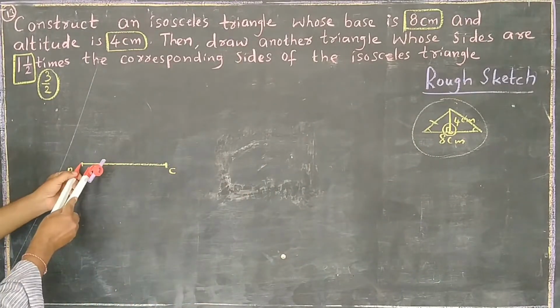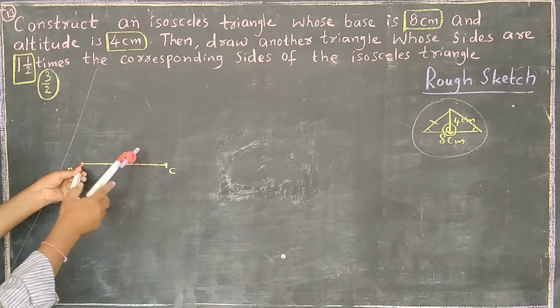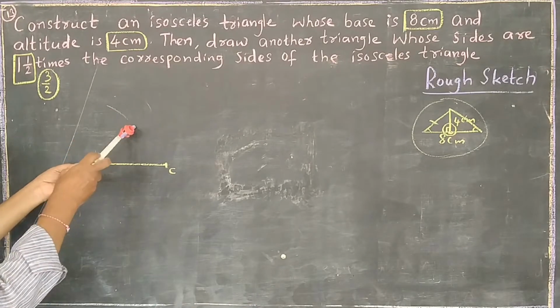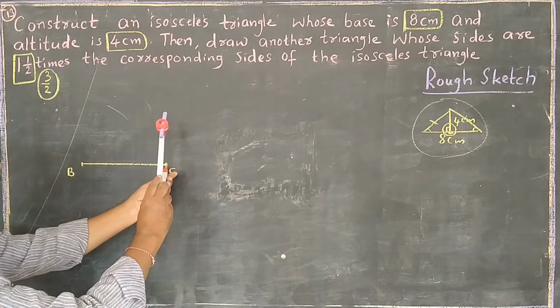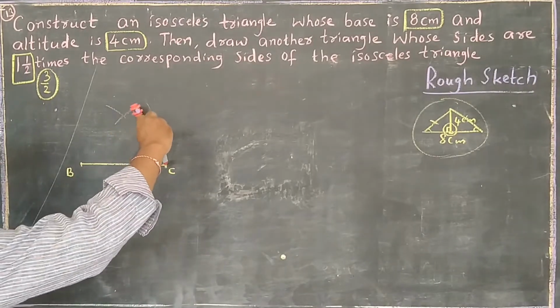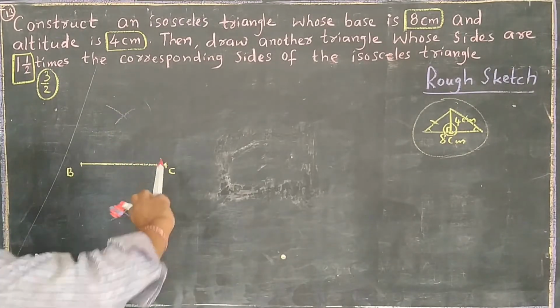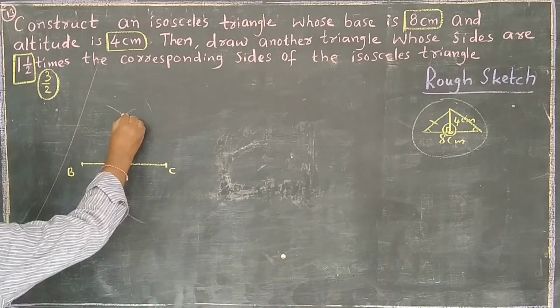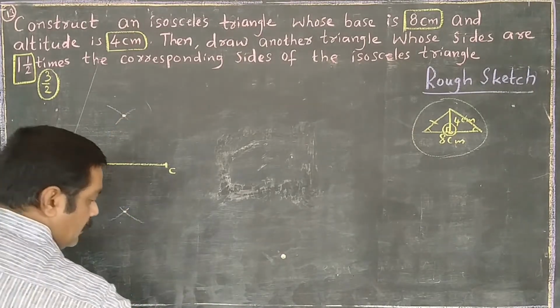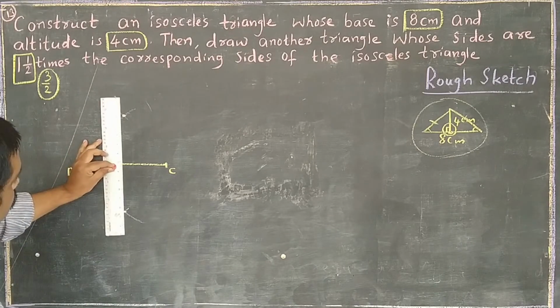Take more than half, draw arcs on both sides. Without changing the compass, do the same again from C, and intersect the other two arcs. Through the intersecting points, draw the line.